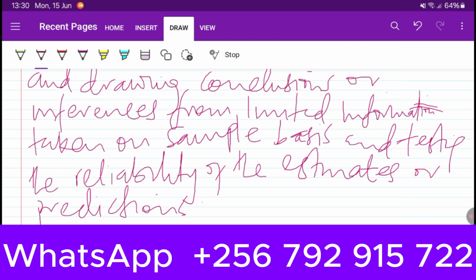So once you study the sample, you can make a generalization of how the population looks based on the attributes of the sample. So statistical inference, or from maybe the word inference itself.